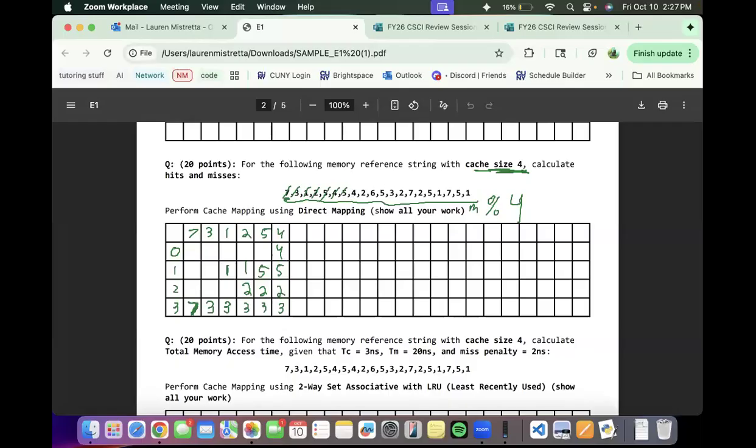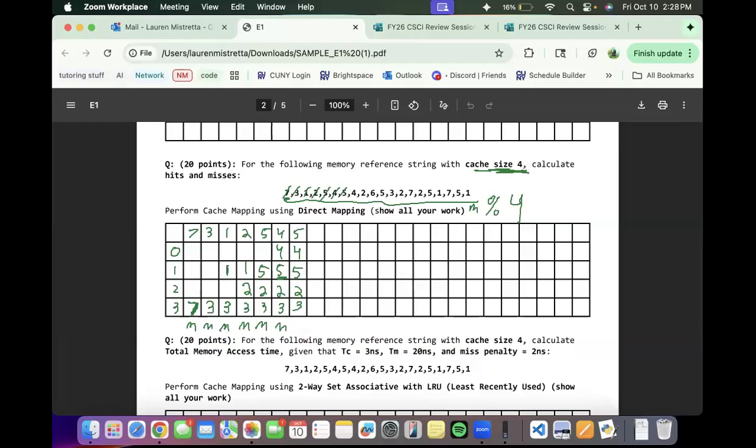Continue onward. 5. Oh, look at this. We have ourselves a hit. This is a cache hit. This guy is in my cache, so literally everything stays the same. All of these before were misses, because I actually had to write this into my cache.